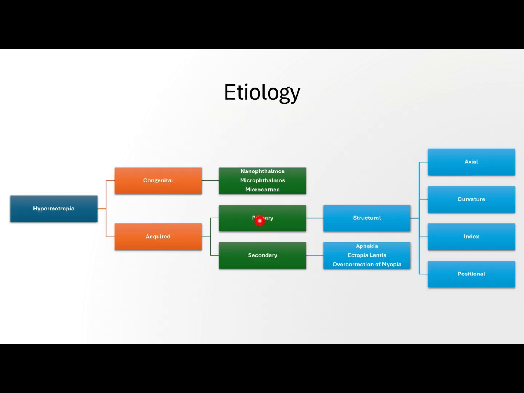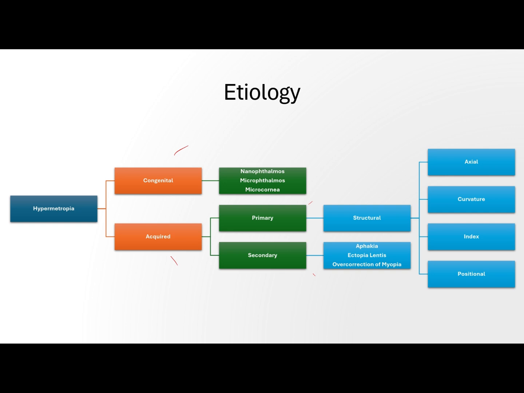When it comes to etiology, hypermetropia can be congenital or acquired. Under congenital, it can be because of conditions like nanophthalmos, microphthalmos, microcornea, etc. And acquired has primary and secondary reasons.